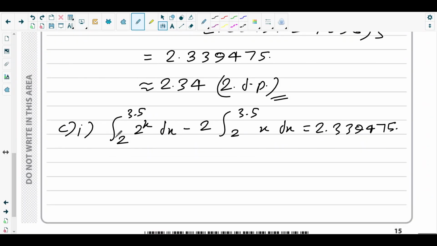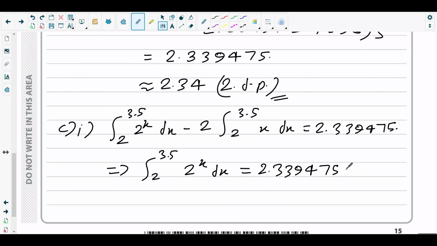So let's figure out the value for the integration from 2 to 3.5 of 2 to the power x dx. It is equal to 2.339475 plus 2 times the integration of x, so it is basically half of x squared.